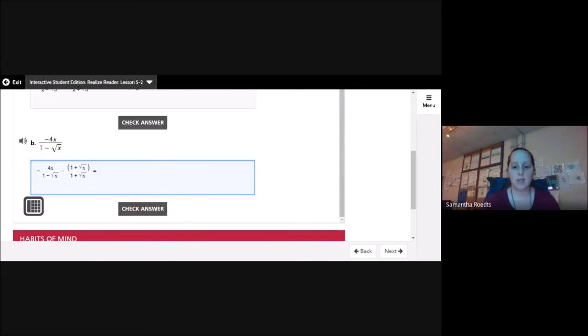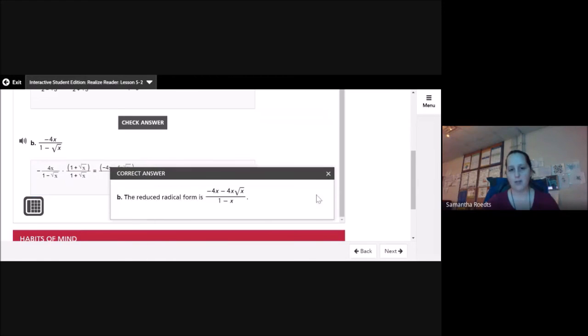That gives me negative 4x minus 4x square root of x over 1 times 1 is 1, x times x is x squared, so minus x. So that is what I get: negative 4x minus 4x square root of x over 1 minus x.